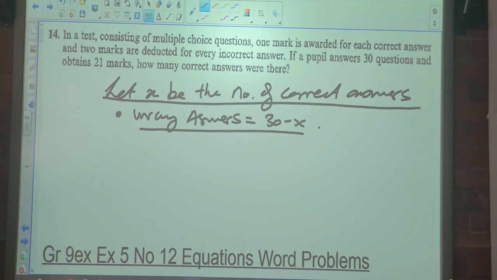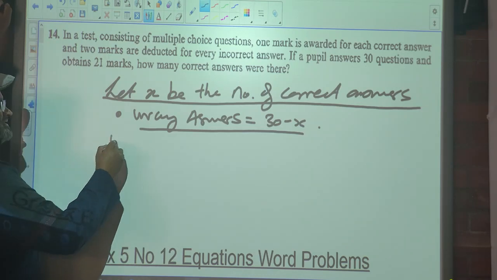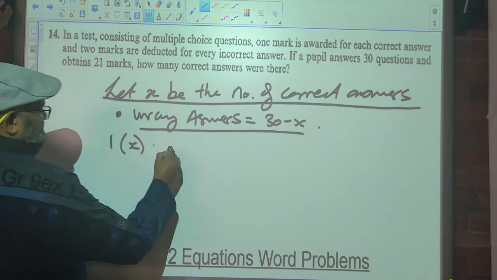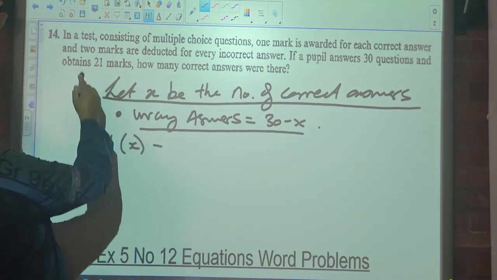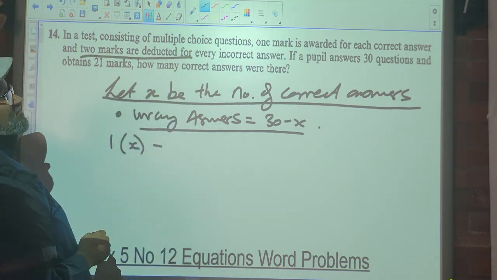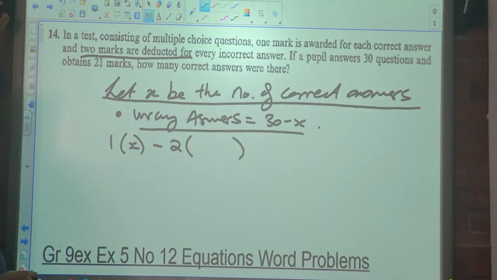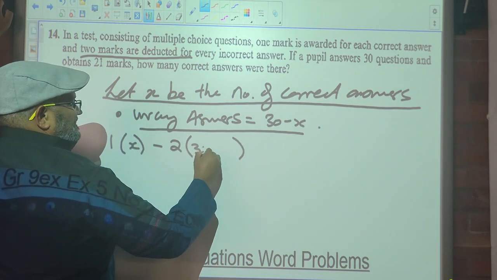In a test consisting of multiple choice questions, 1 mark is obtained for each correct answer, so it's going to be 1 times x, minus 2 marks deducted for every incorrect answer, so minus 2 times the number of wrong answers, which is 30 minus x.